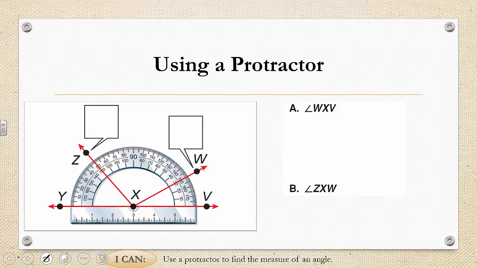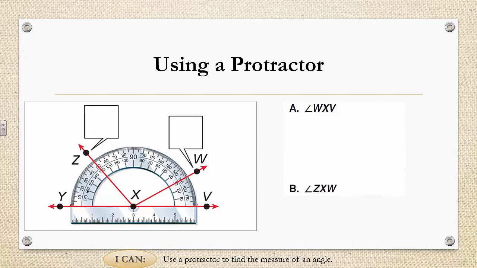Now, using a protractor. Protractors are kind of weird looking. They have angle measures on two sides. If you look here, this one starts at 0, works its way up to 90, which would be straight up and down, and then it comes back down to 180, which is a straight line. And then on the inside, it does the same exact thing.